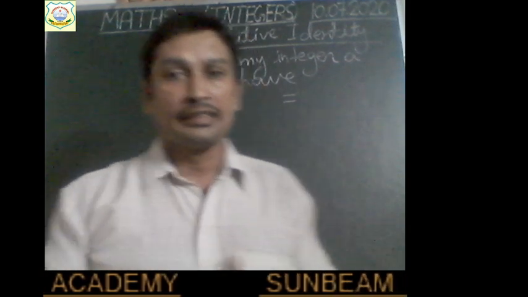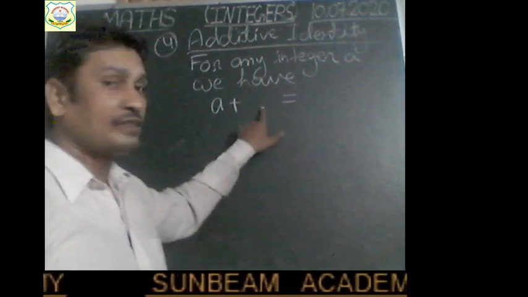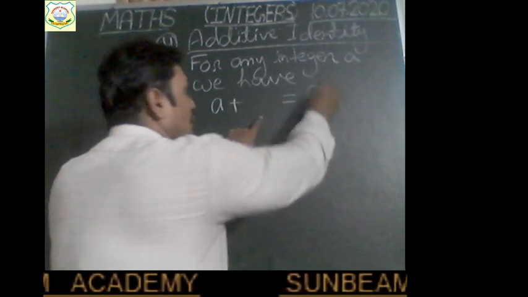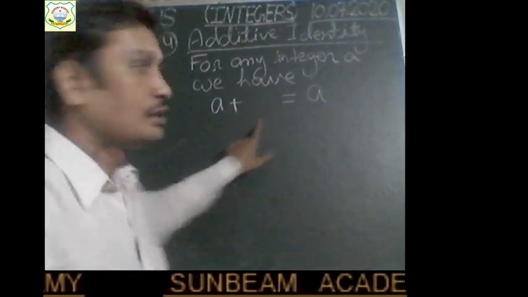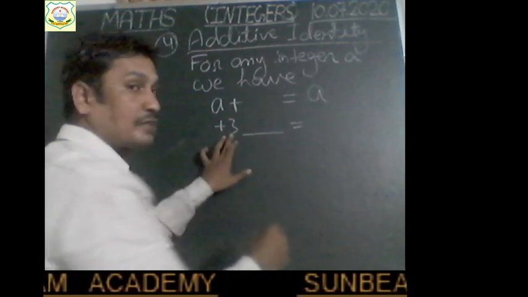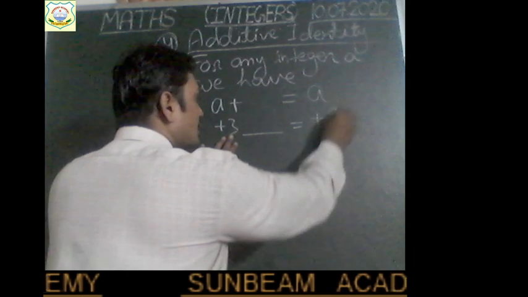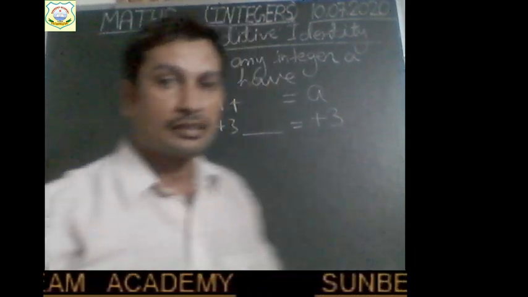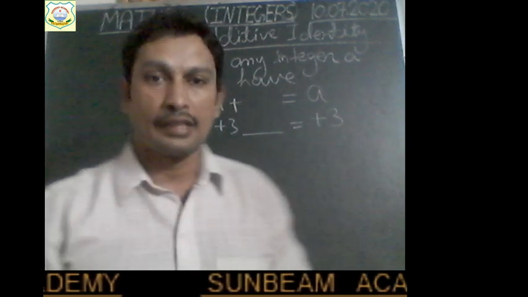Additive identity is an integer which when added to any integer reflects the same integer a on the other side. It means if we add the additive identity to some integer, say plus 3, then the same result will be reflected on the other side. The image of that integer will be reflected on the other side.